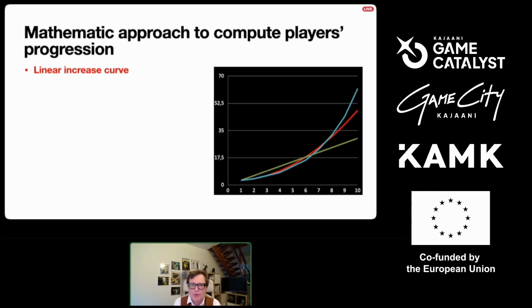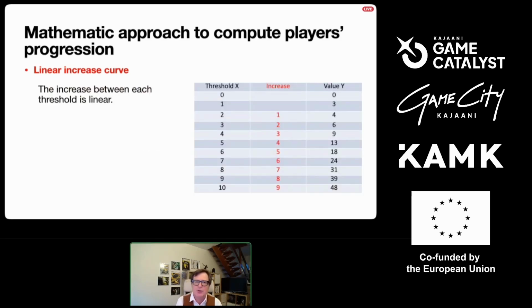When you compare them all, this is the best curve because it makes it possible to offer thresholds that are increasingly challenging to reach without making the later ones impossible. This technique generates the red curve, which is clearly less steep than the other one. So if you want to use a mathematical approach to compute player progression, this is probably the right technique to use: the linear increase curve.